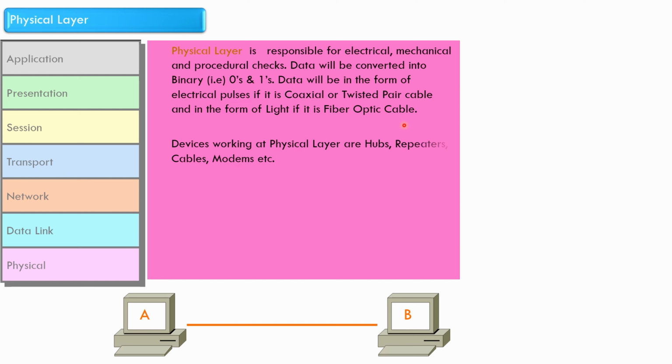Devices working at the physical layer are hubs, repeaters, cables, modems, etc. Here you can see zeros and ones, the packet is sent to the receivers. They are called bits.